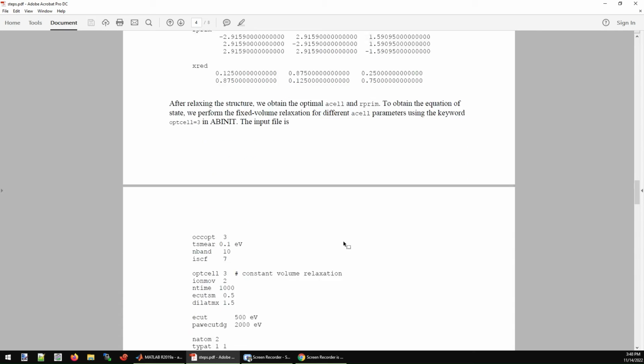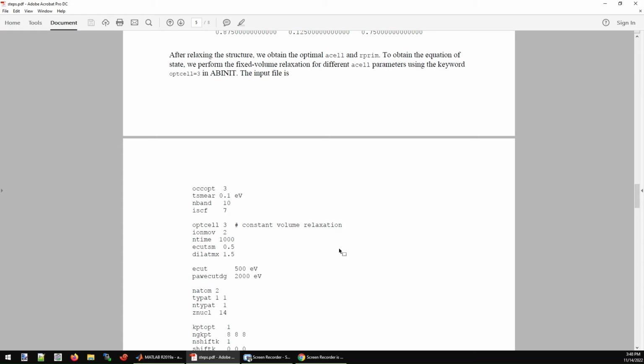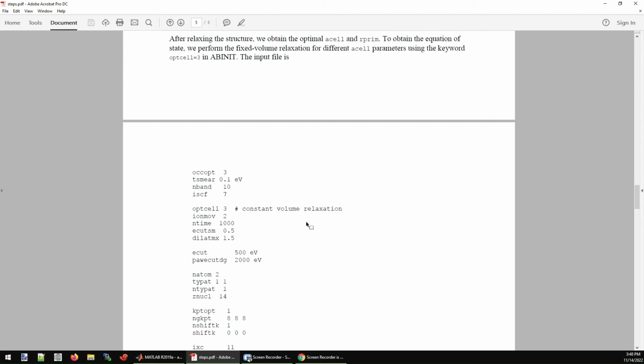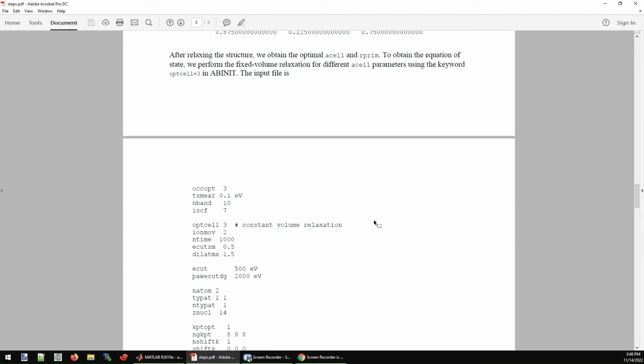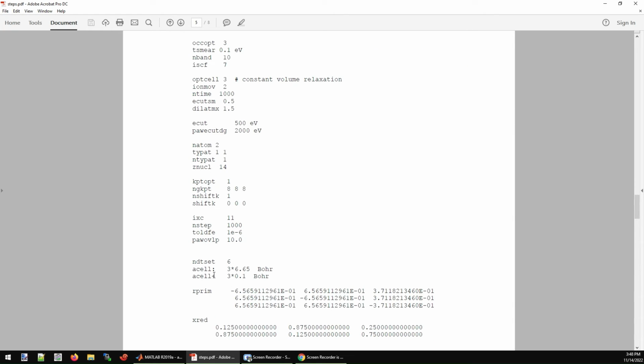this material. So what we are going to do is perform constant volume relaxation of the beta-tin structure by setting the OPT cell parameter to 3. In the meanwhile, again, we change the lattice parameter by stretching or compressing the A cell parameter in the calculation.